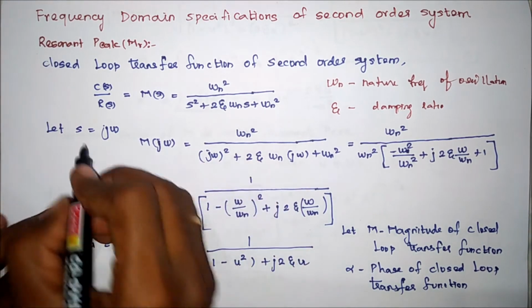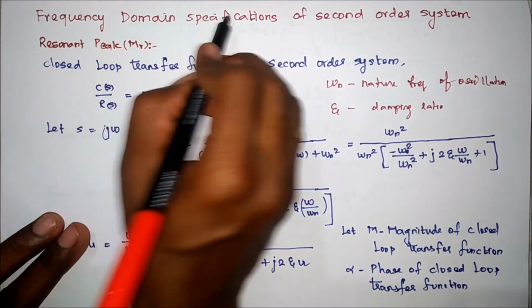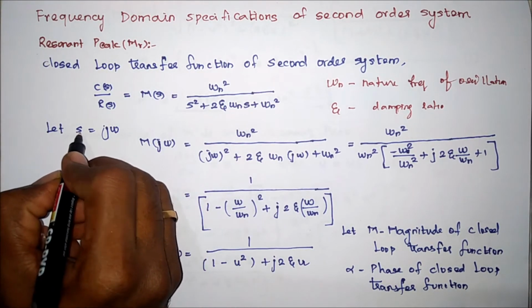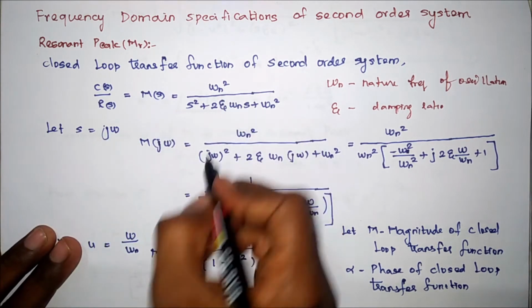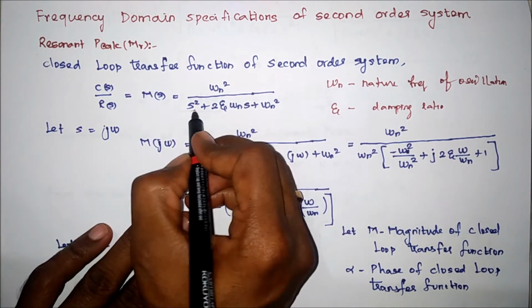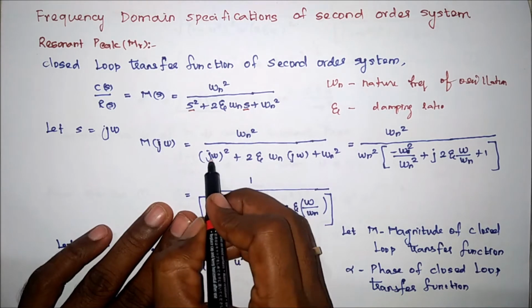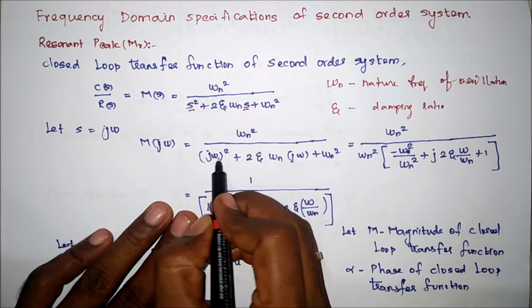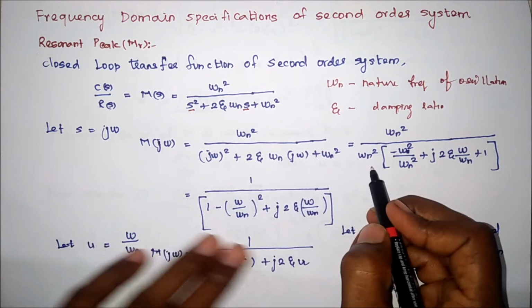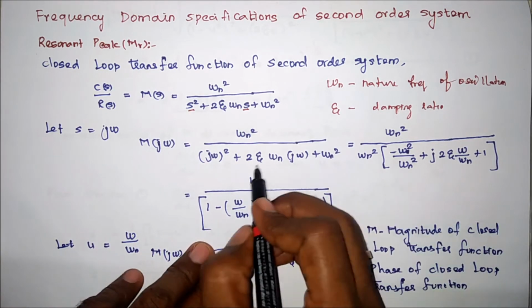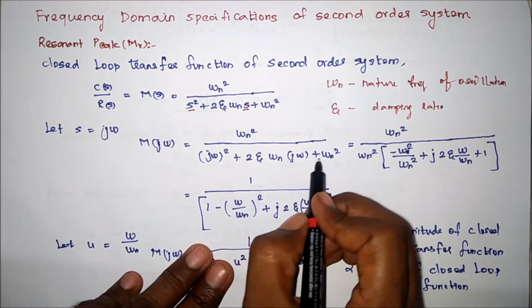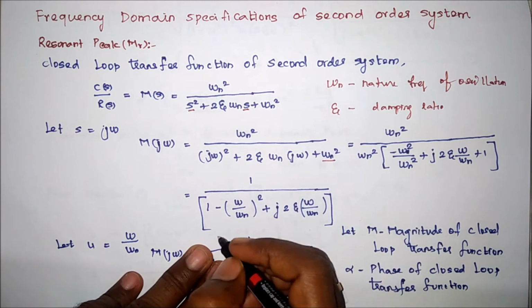So now according to the frequency domain concept, we have to substitute s equal to j omega into this equation. Here s square, here s, simply we have to replace by j omega. So we will get, after substituting, we can take omega n square outside.